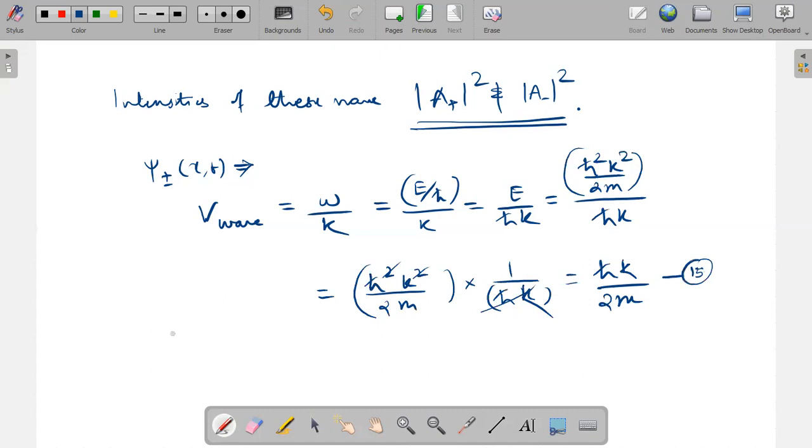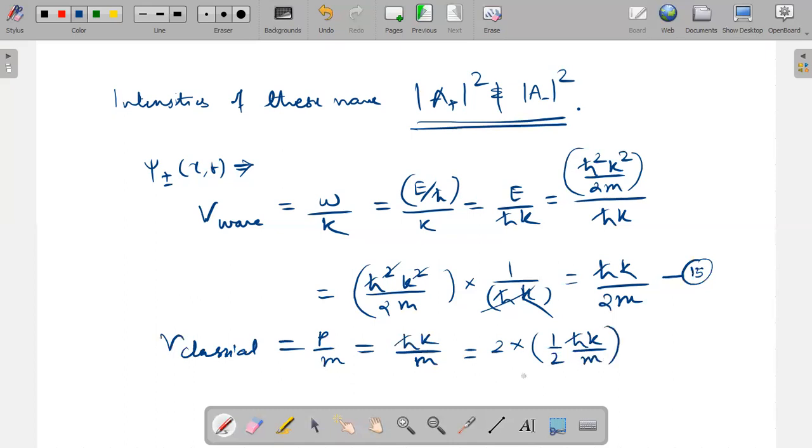Okay, and therefore, but V classical, what is the V classical? V classical equal to p upon m. p means momentum. Momentum equal to h cross k upon m. Therefore, multiplying and dividing by 2, we can write h cross k upon m.